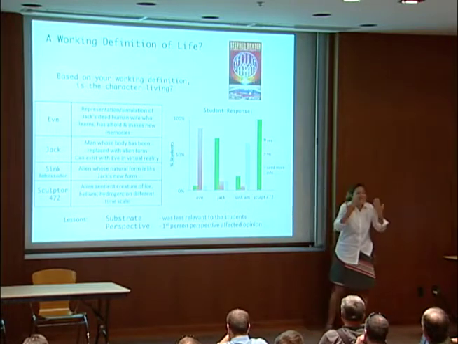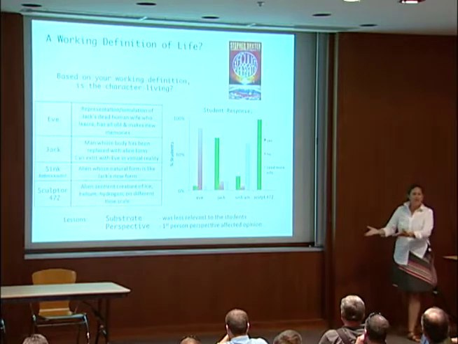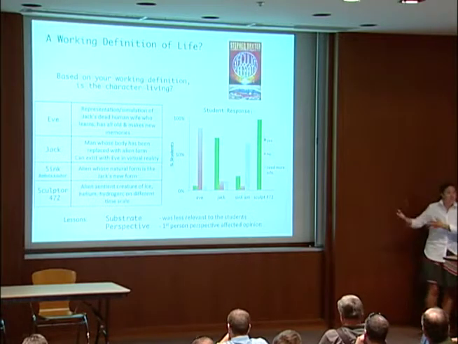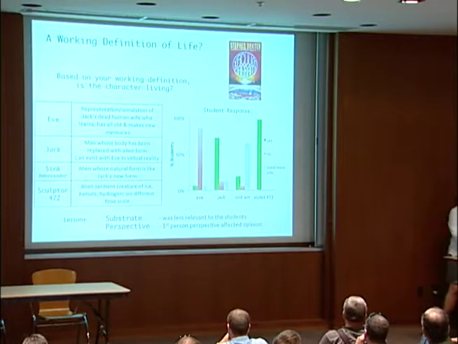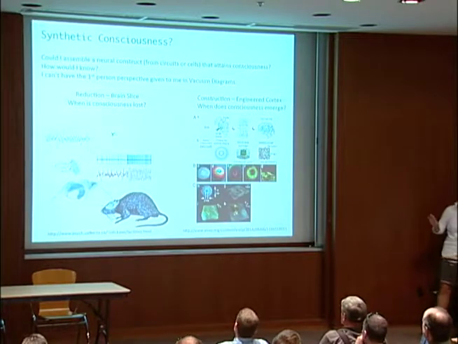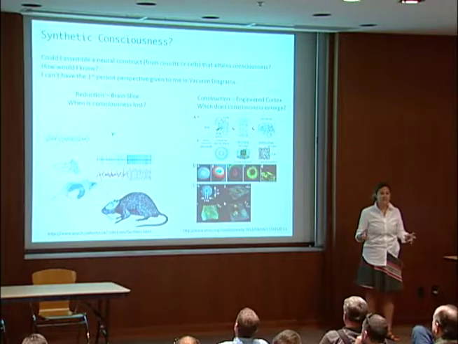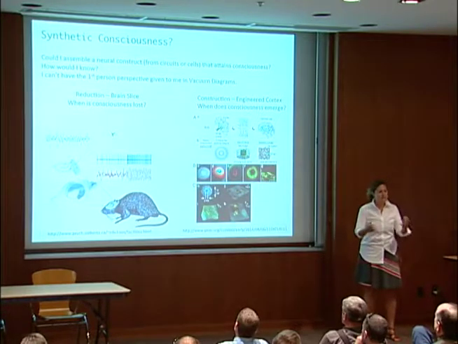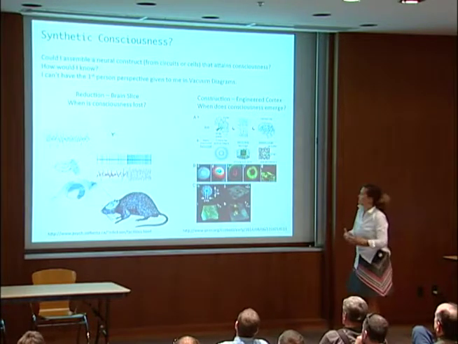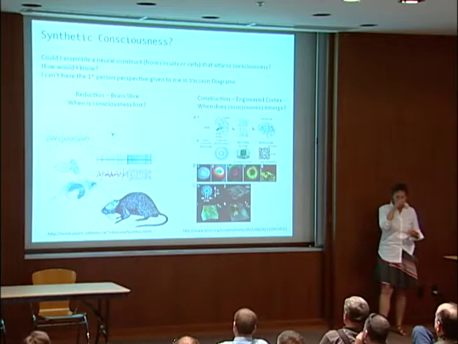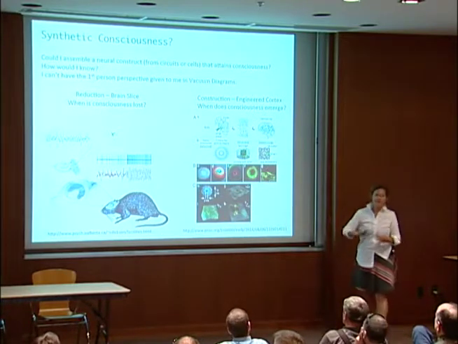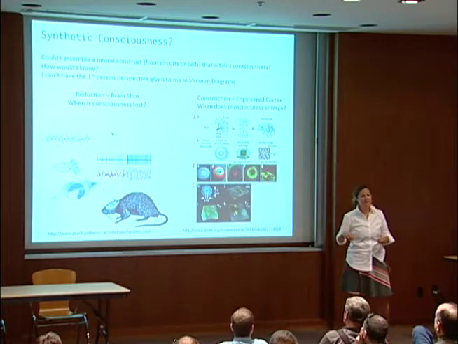Because I can't get inside another creature like I can in a short story. Okay? To give an example of this, this question of synthetic consciousness, could I create consciousness from assembly? When I was a graduate student in neuroengineering, I did a lab rotation through a lab and did this technique.